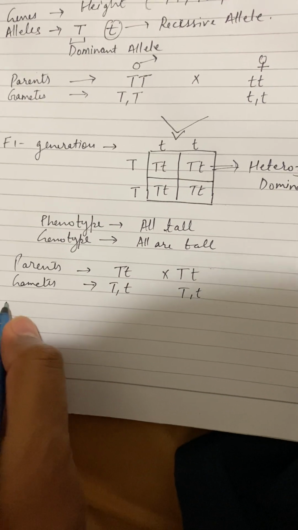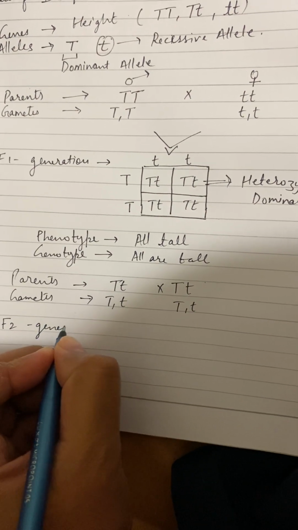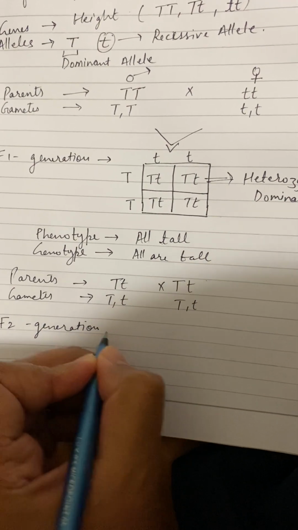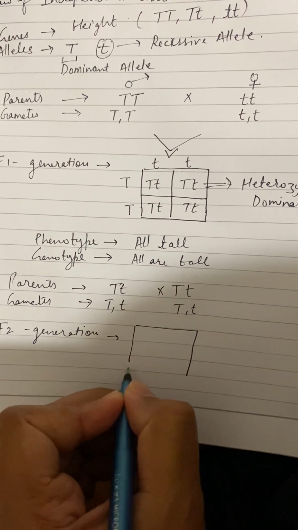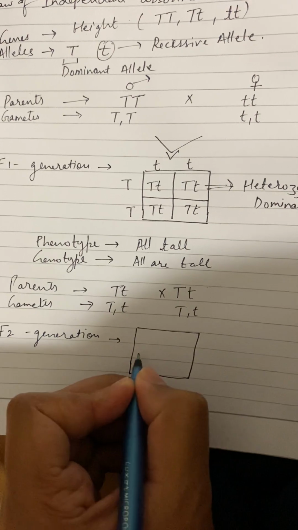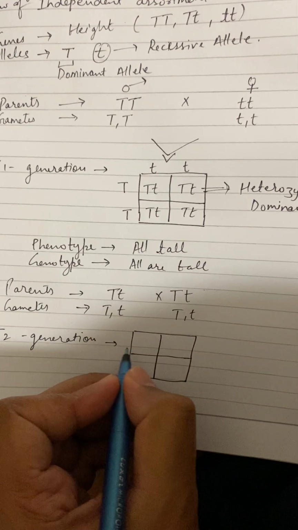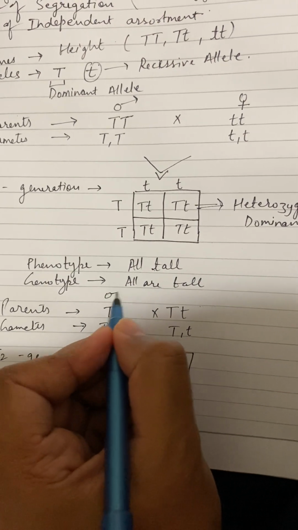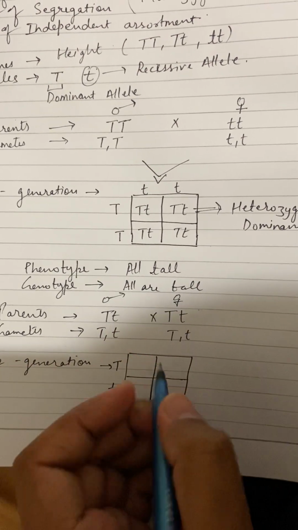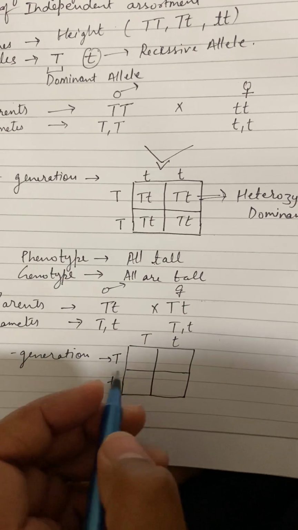And if we check the F2 generation, you will see different ratios this time. Why is it so? Suppose this is the male and this is the female. I've written their gametes.